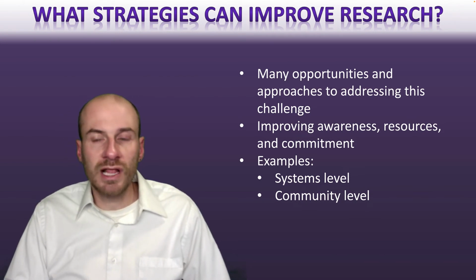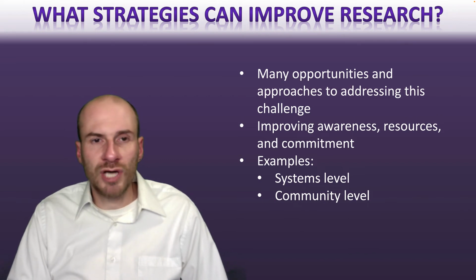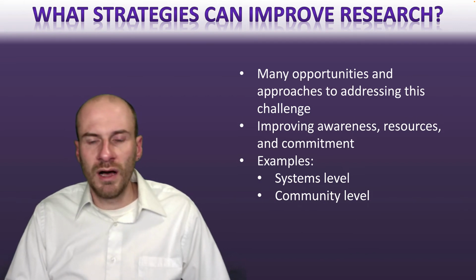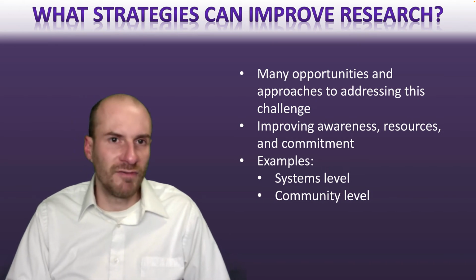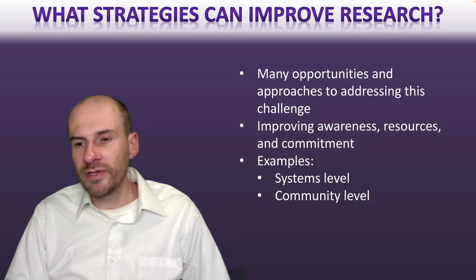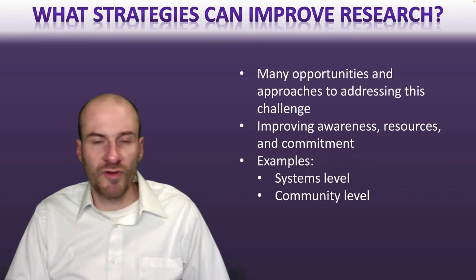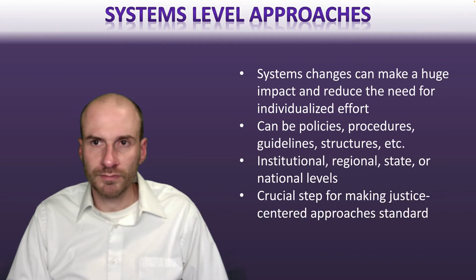So there's a lot of different ways to do this. I'm going to talk about two distinct examples around this. One is at a systems level, which is a very high level sort of example. Another is at a community level, so more of a grassroots type of approach.